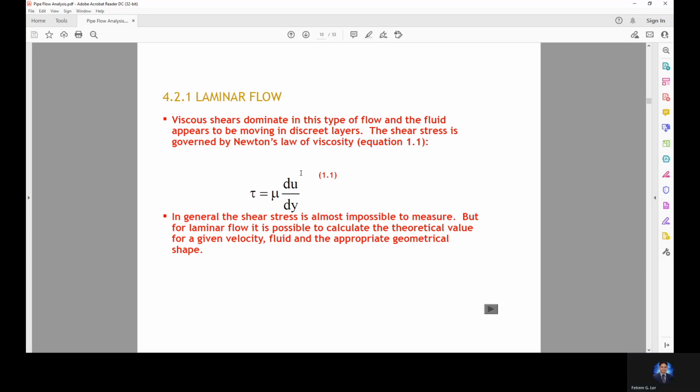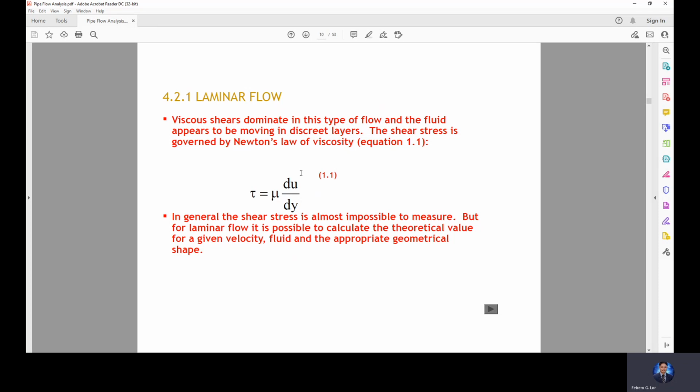So again, this is dominated by viscous shear of the flow. The shear stress is governed by Newton's law of viscosity. So the shear stress is described mathematically as the dynamic viscosity times du over dy.